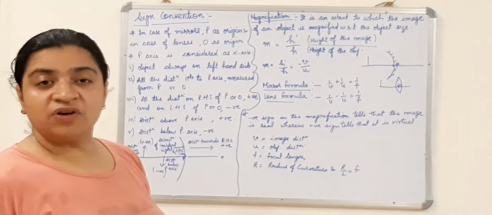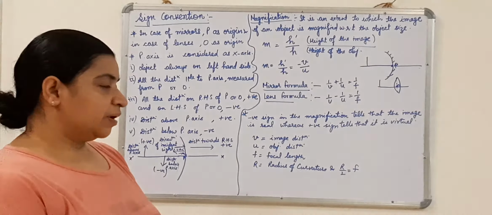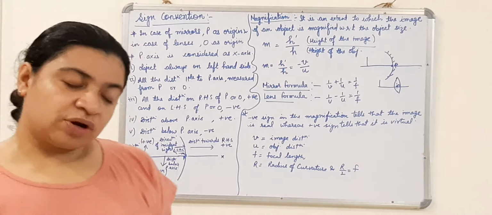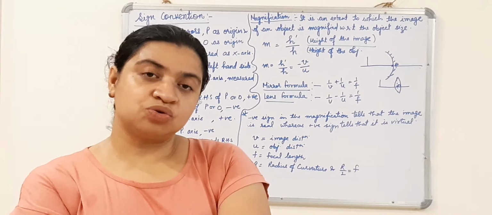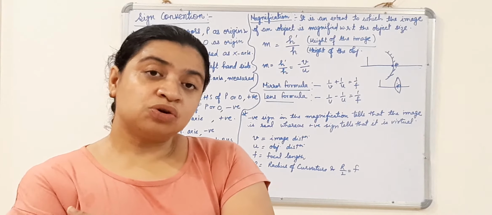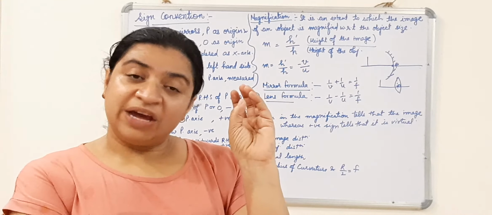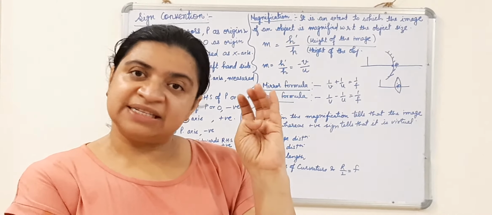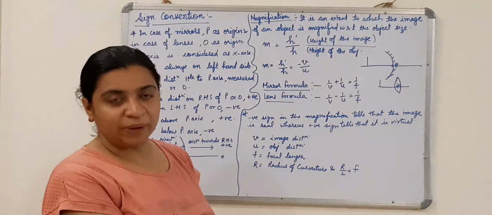Sometimes, like in drawing the ray diagram, you are given the object distance and asked to draw the ray diagram, and also asked to tell where the image position will be, its size and nature. Those three things only we are going to solve through numericals.